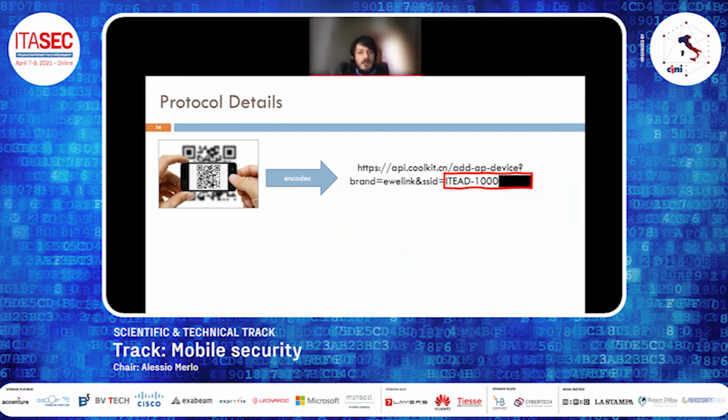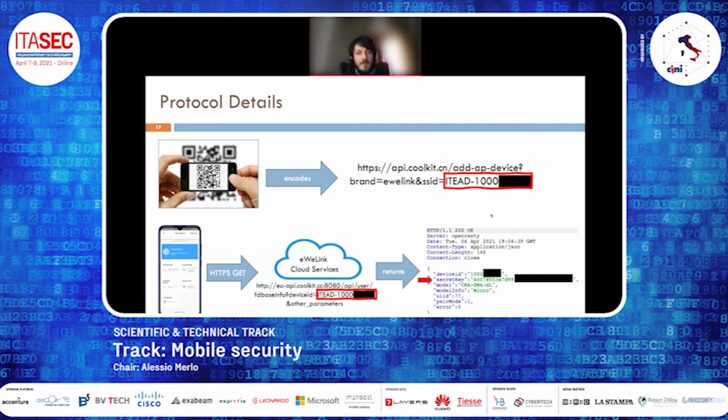So let's look at the protocol implementation details. We started from the QR code, which we found encoding a URL. This URL did not resolve to any internet resource, but if you look closer, you'll see an SSID, which encodes the actual device ID.